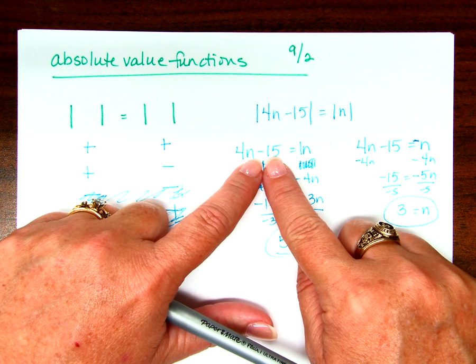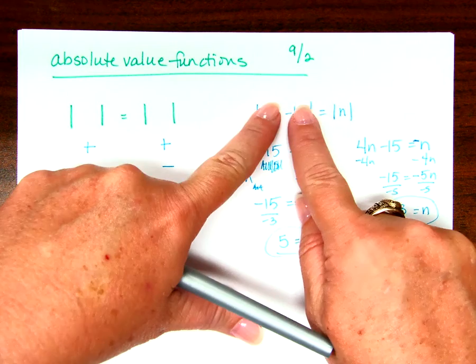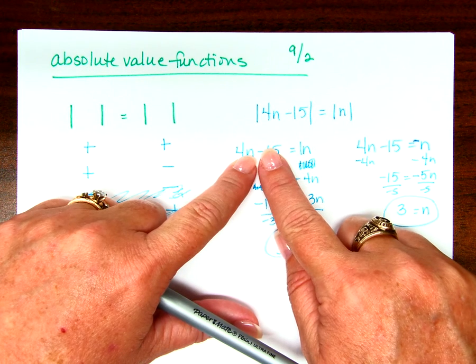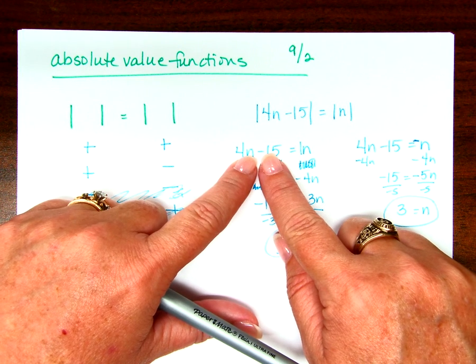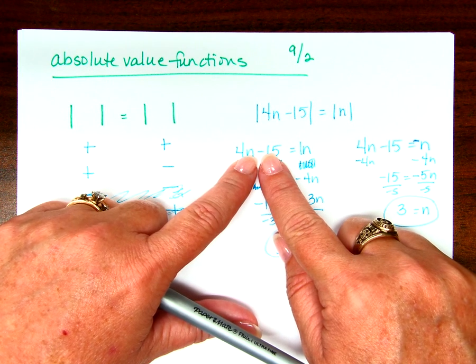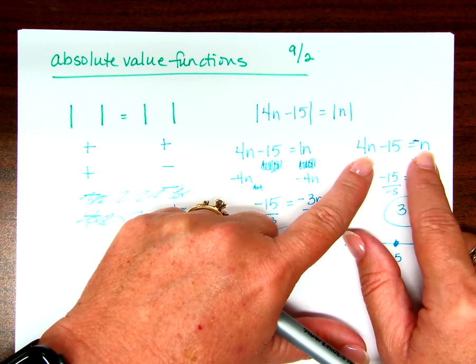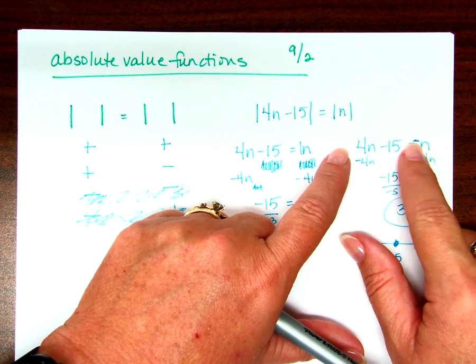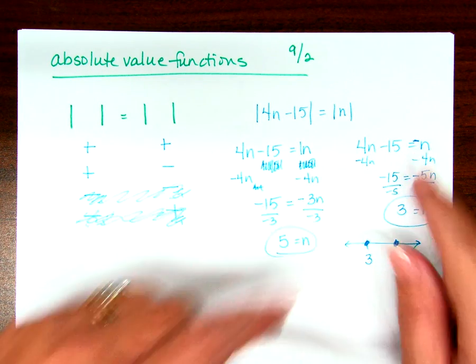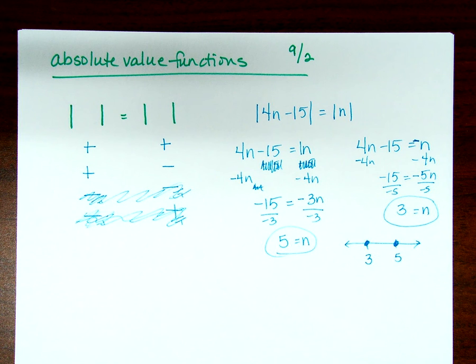Do you understand what I mean when I say make it positive? I mean pull it straight out of the absolute value exactly as it was. I'm not changing any signs, right? Even when I do this, I'm not changing any signs. I pull this out and make it negative. It's the opposite of what it was inside, right? Does everybody understand that? Okay, just making sure that we're communicating well.